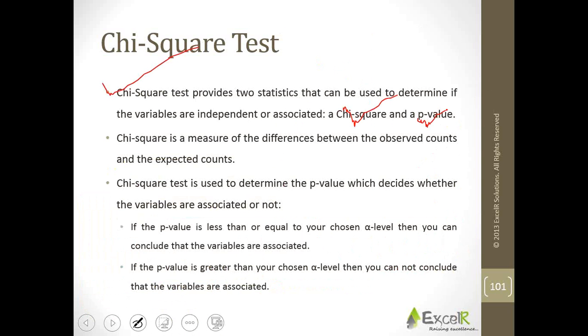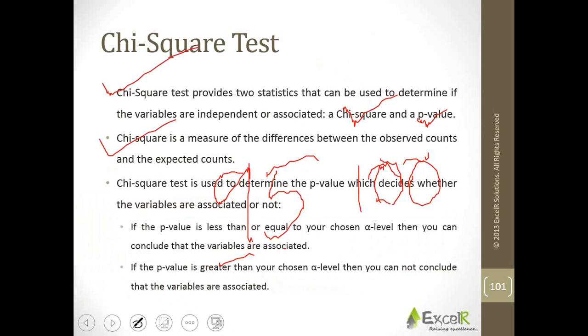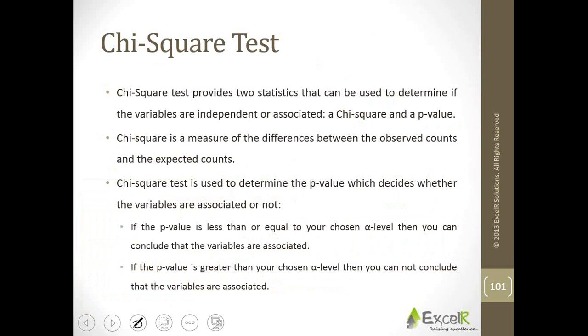Chi-square is a measure of the differences between the observed counts and the expected counts. For example, I'm expecting 100 marks in my exam. Observed might be, in reality you got 95. That is observed. So observed versus expected: what is it that I'm expecting, and what is it that I've observed in reality?